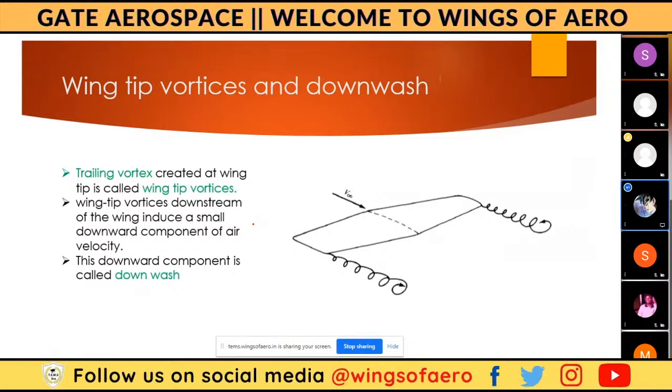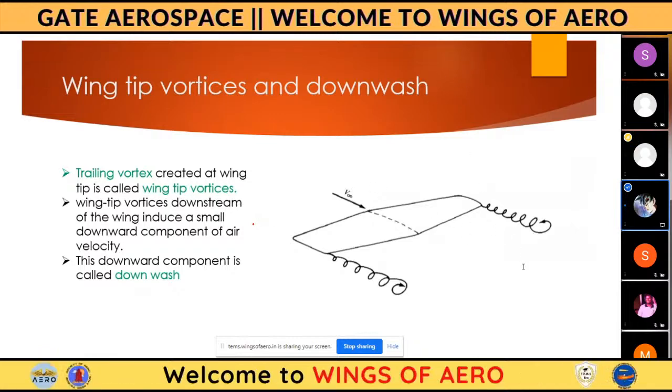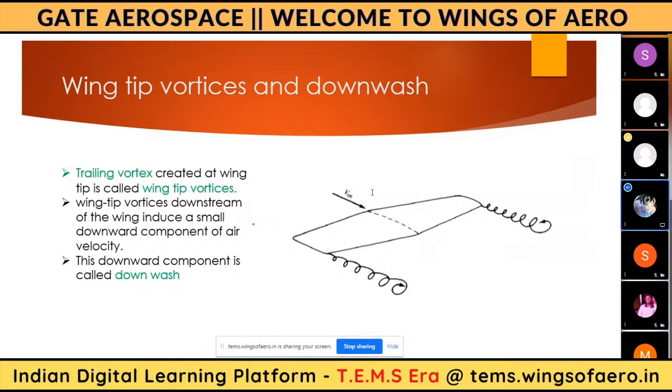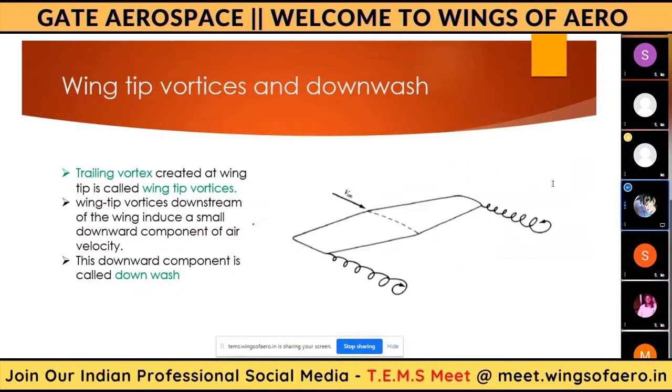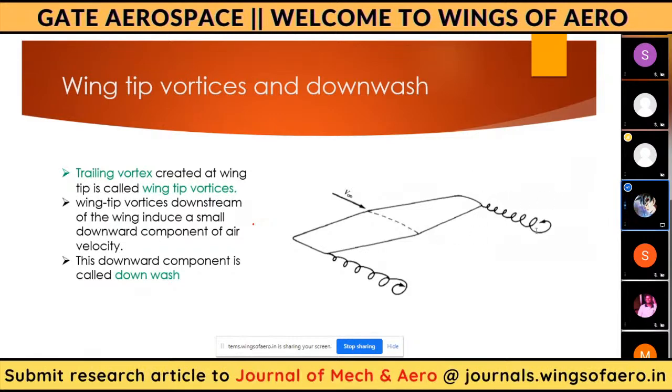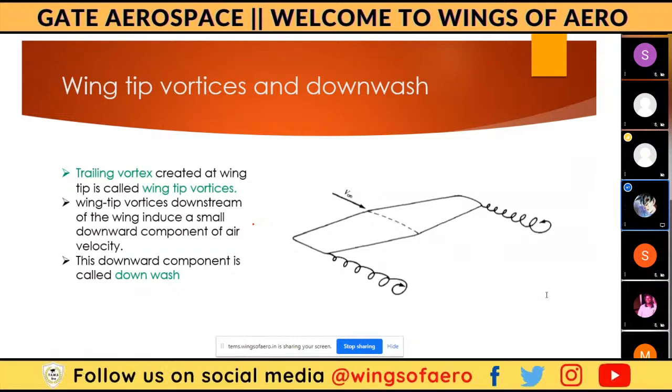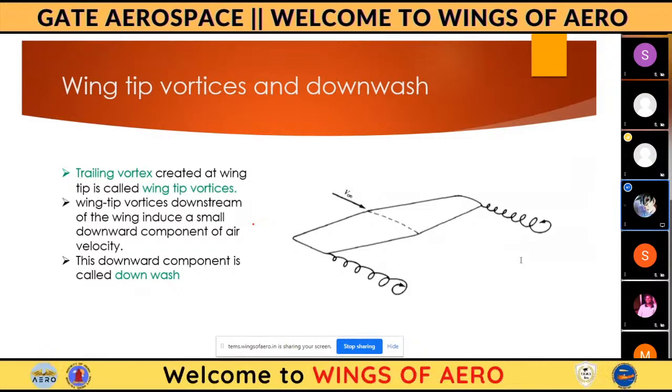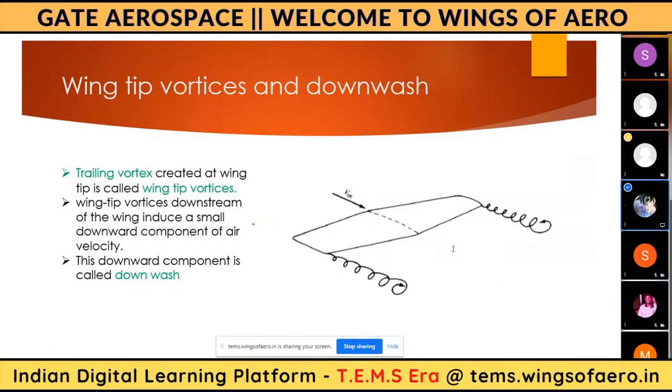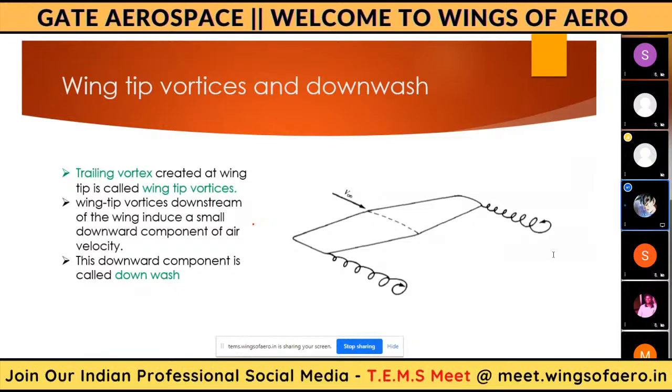Okay, no problem. So here we are going to see how wingtip vortices are formed. Normally when the flow is over the wing, the flow is split into two halves. One half moves towards the top surface of the aerofoil, and the other half comes on the bottom surface of the aerofoil. At the trailing edge they will intersect, and it will form a curl.